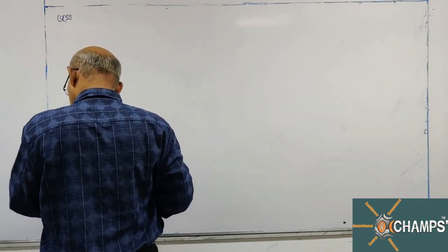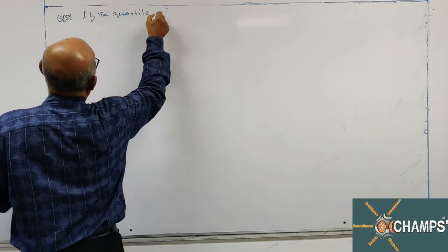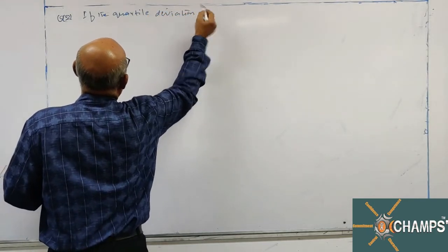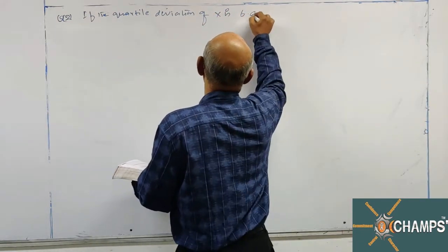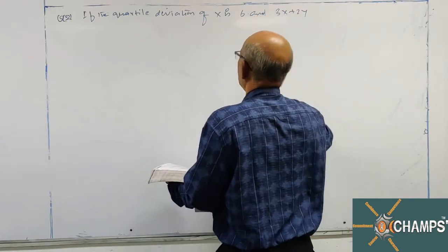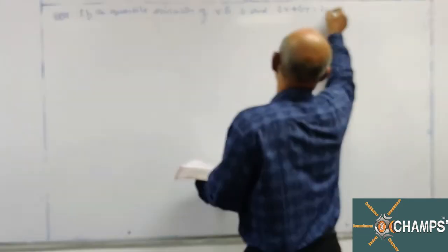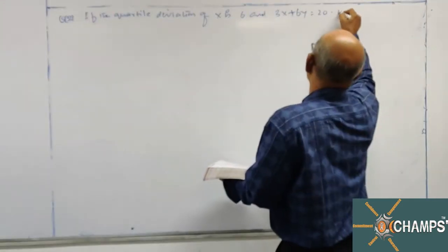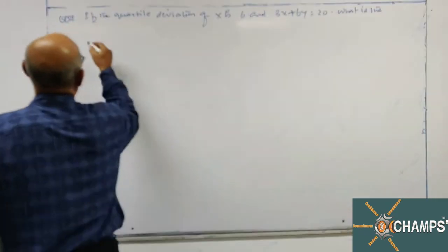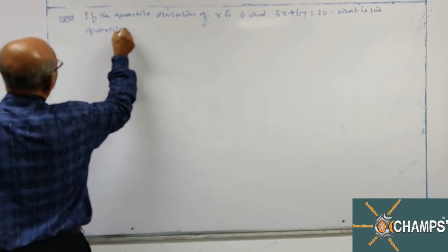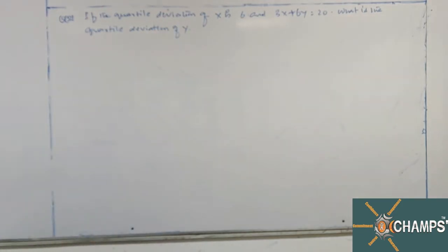Question number 2. If the quartile deviation of x is 6 and 3x plus 6y is equal to 20, what is the quartile deviation of y?